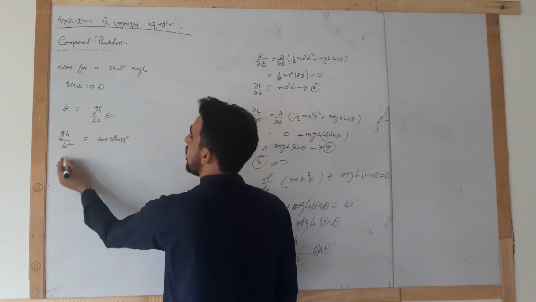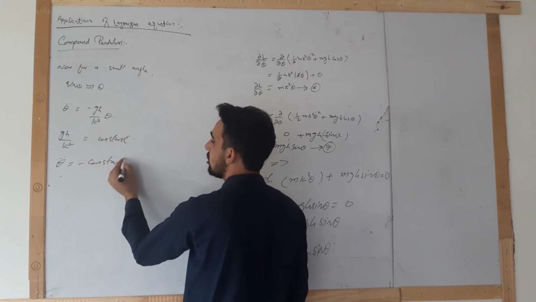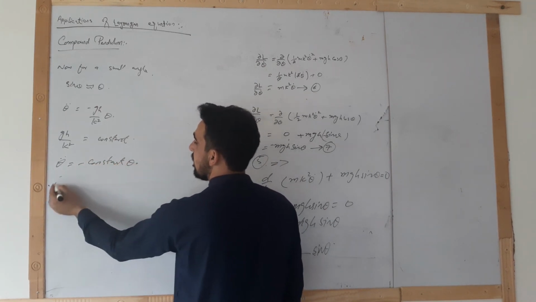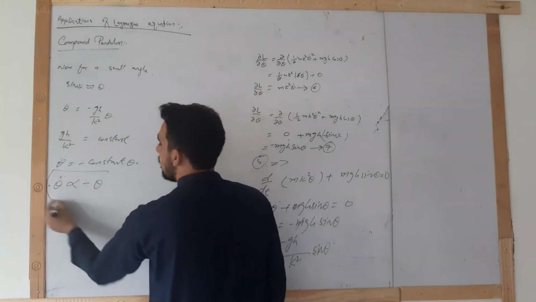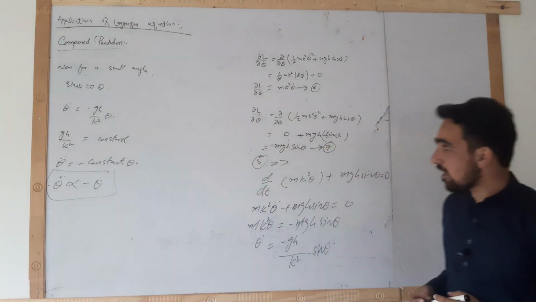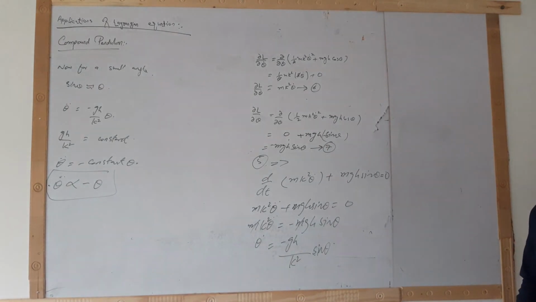So theta double dot is equal to minus a constant multiplied by theta, which implies that the motion of the compound pendulum is a simple harmonic motion. I think that is enough. Thank you so much.